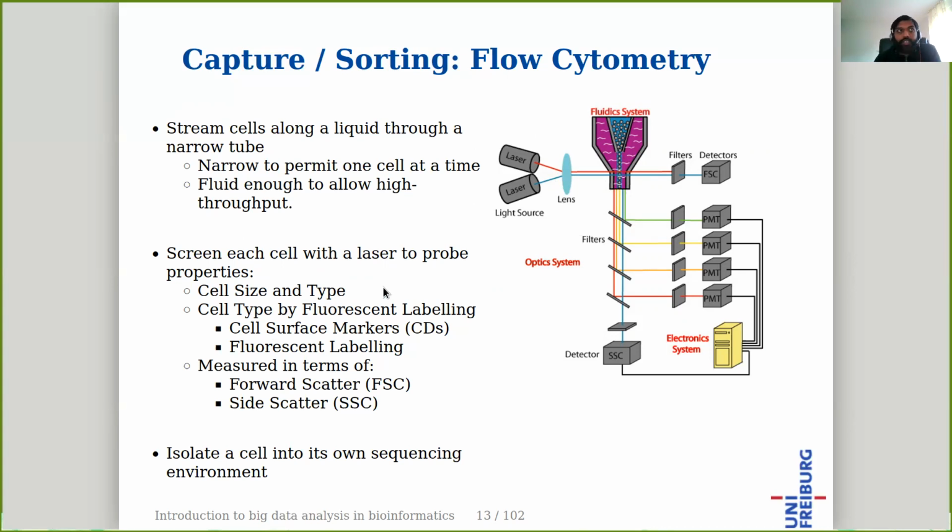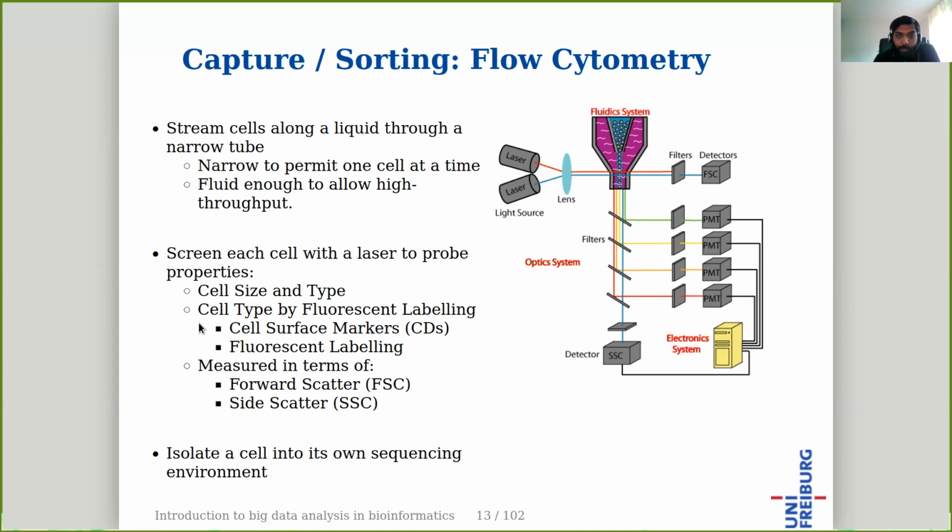Depending on which cell types you are taking, you can pre-sort your cells and add a different label for each cell type, and then you can clearly see which cell types you're actually sequencing.